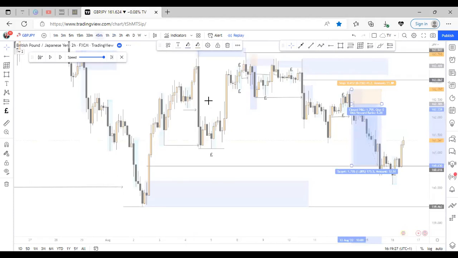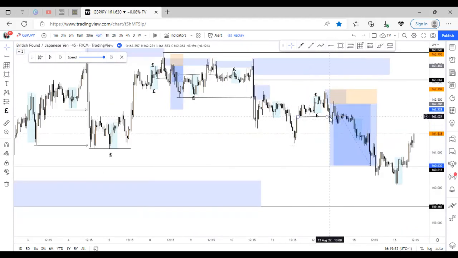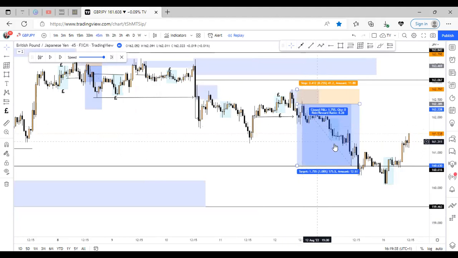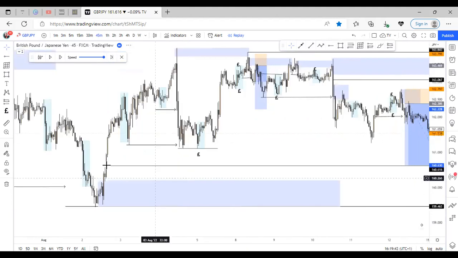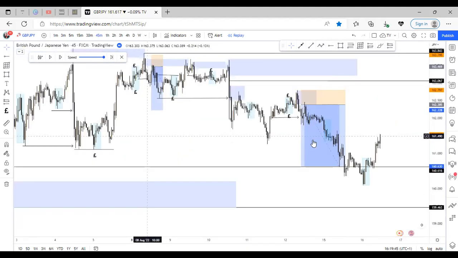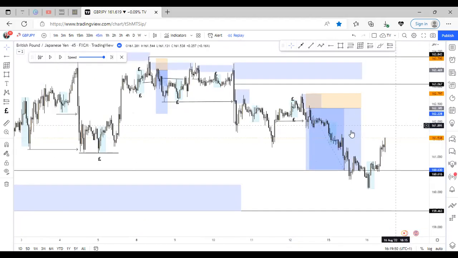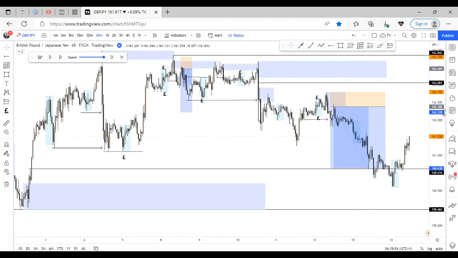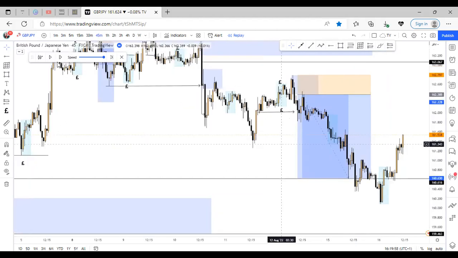On the 45 minute time frame I got an entry here because of this break of structure and the Asian range high liquidity grab. My take profit was this low being taken and the imbalance of this demand zone, and I was able to take profit on this trade. That's it for the sell.